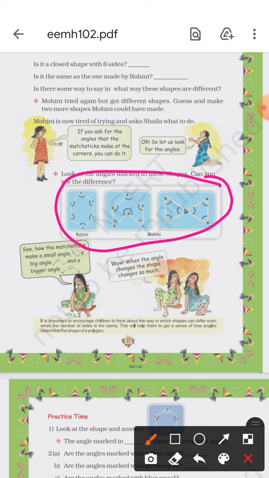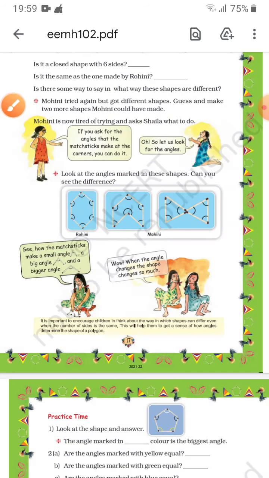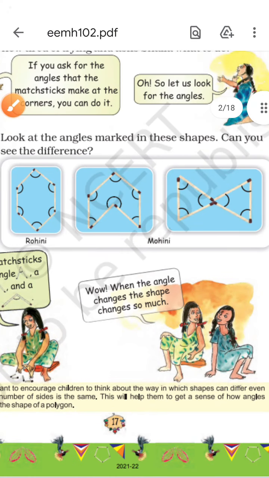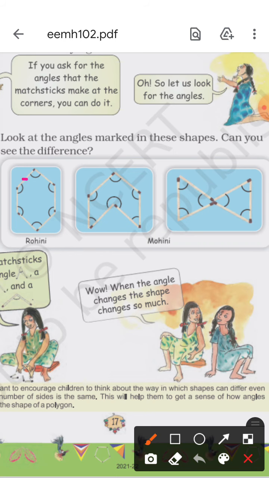By seeing these figures you can say that each figure has a different shape and different angles. All the angles are different. If we zoom this page, you can see that the shape made by Rohini is different from the shape made by Mohini.